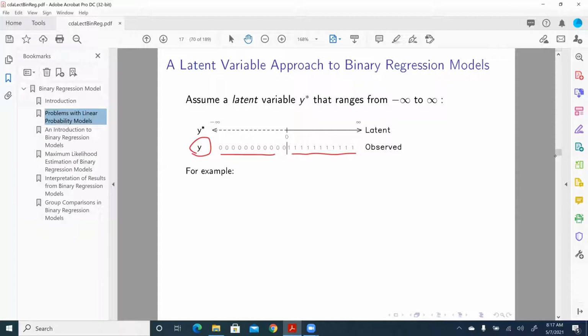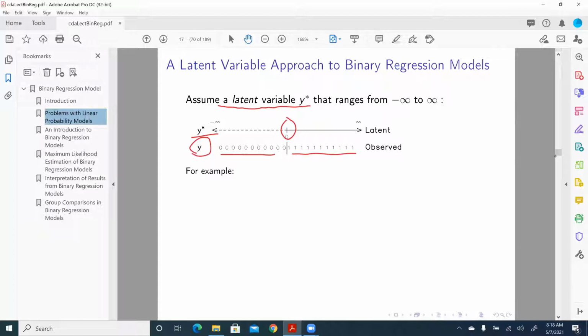Correspondingly, we can assume there is a latent variable y star here, ranging from negative infinity to positive infinity. And there is this threshold. Tentatively, we can make that threshold 0.